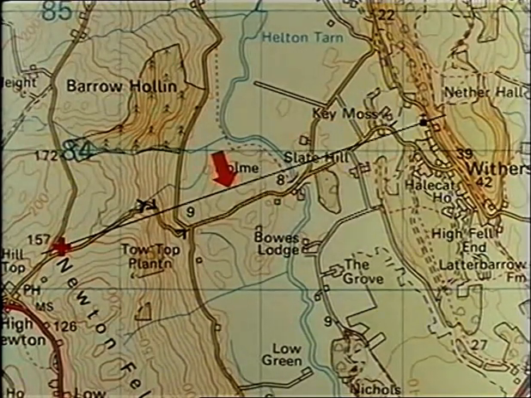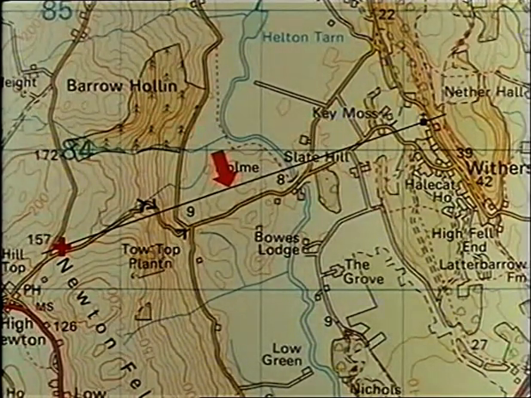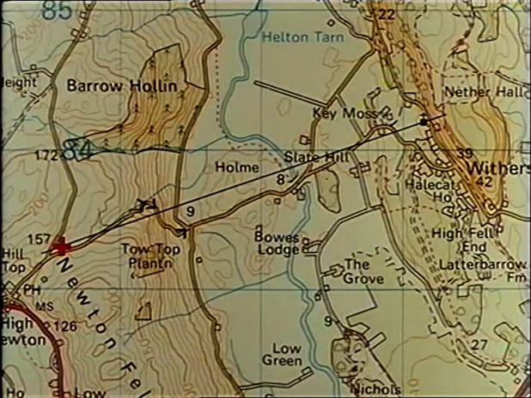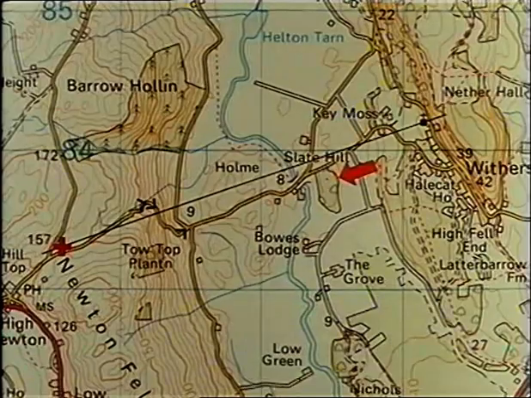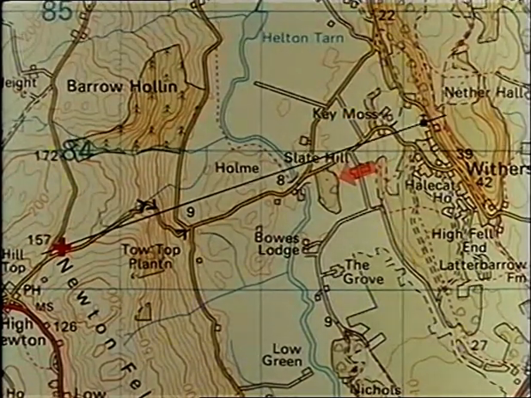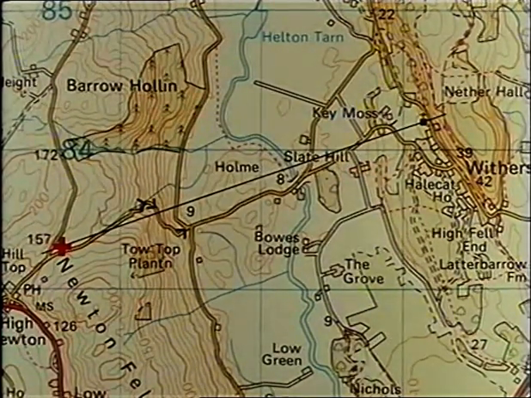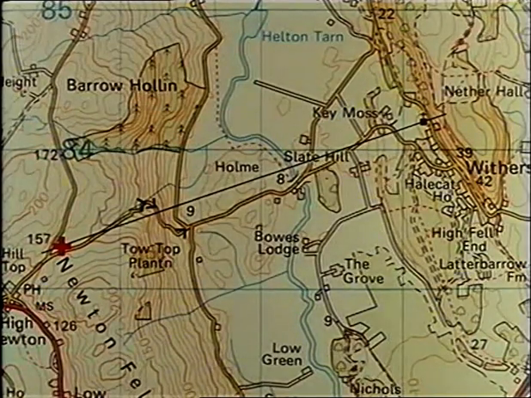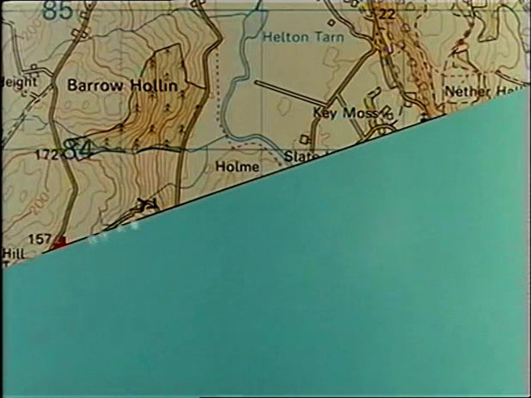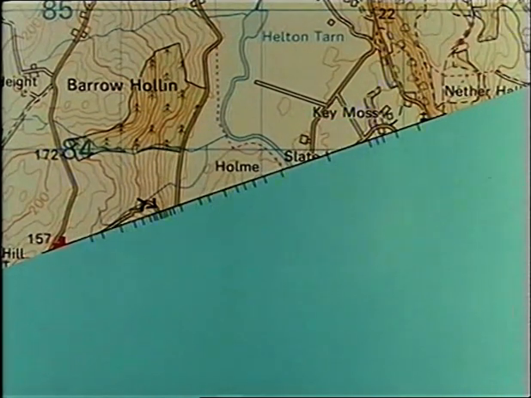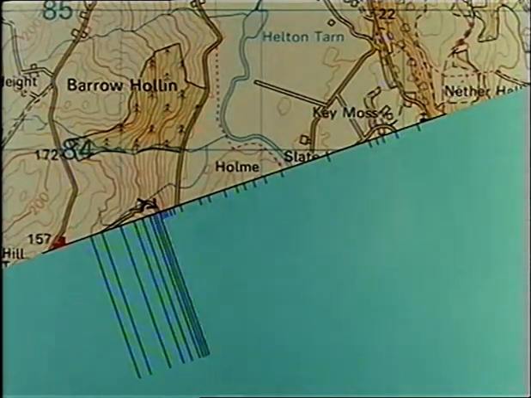Second, the large irregular knoll on the near side of the River Winster. It rises to over 30 metres. Third, the wooded knoll called Slate Hill, which we would seem to be missing. There's only one way to check. Take a piece of paper and mark on the contours. Then a scale for the vertical intervals.